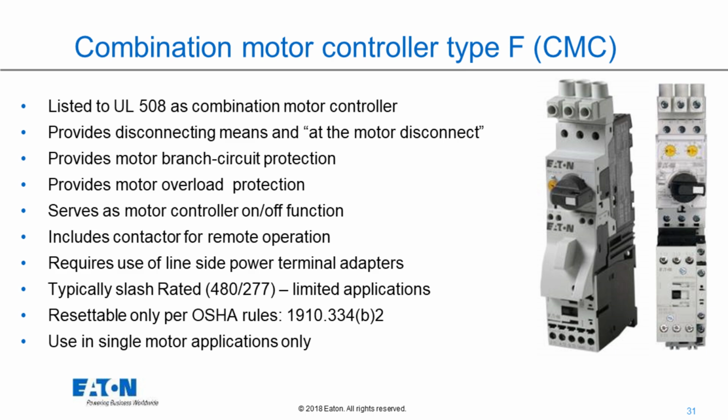Requires use of line-side power terminal adapters for spacing, typically slash-rated, limited to solidly grounded Y systems, and resettable per the OSHA rules for overloads and short circuits. Used in single motor applications only.